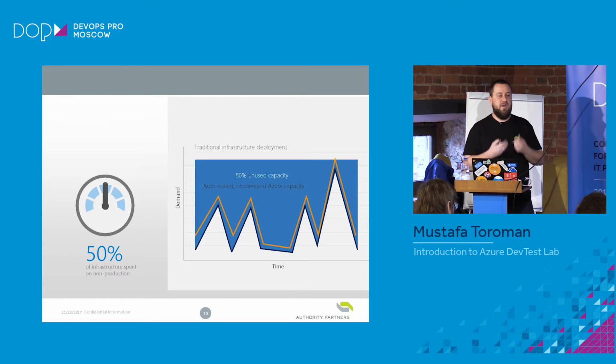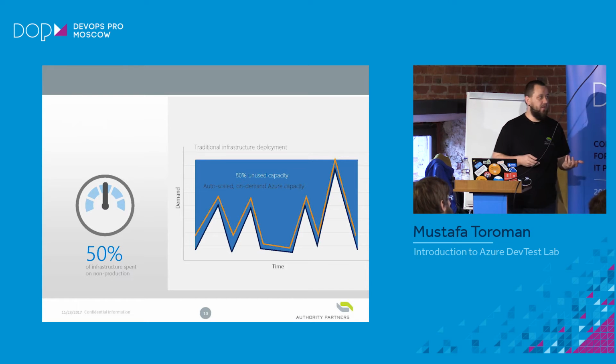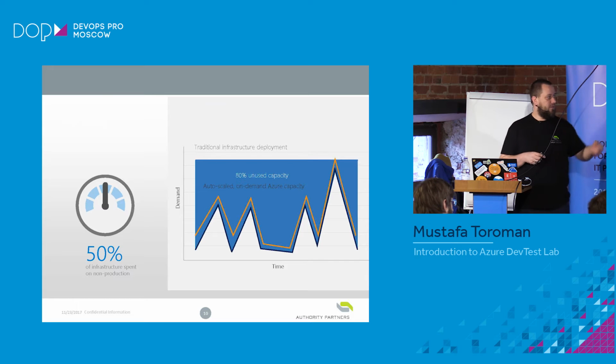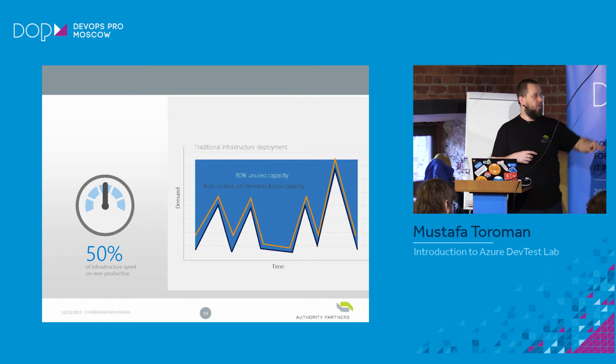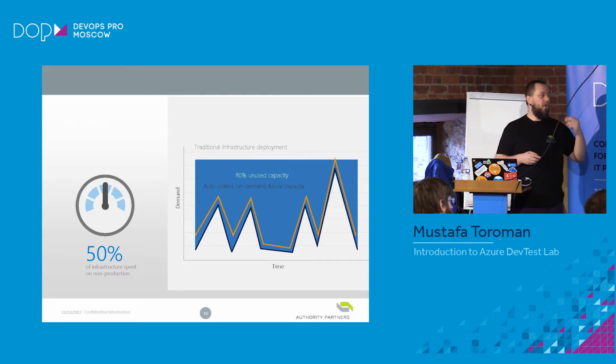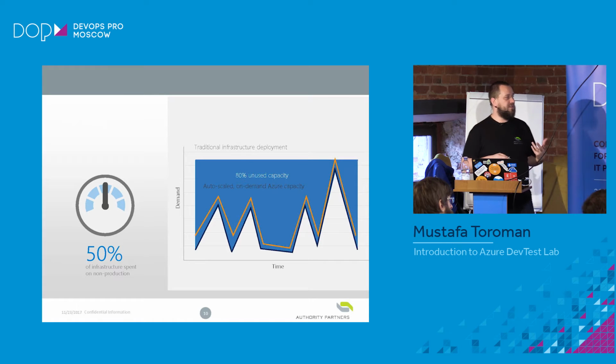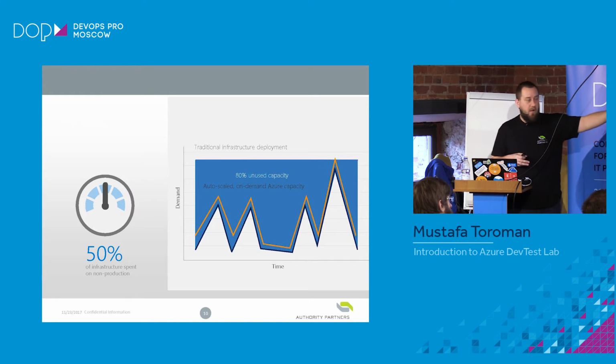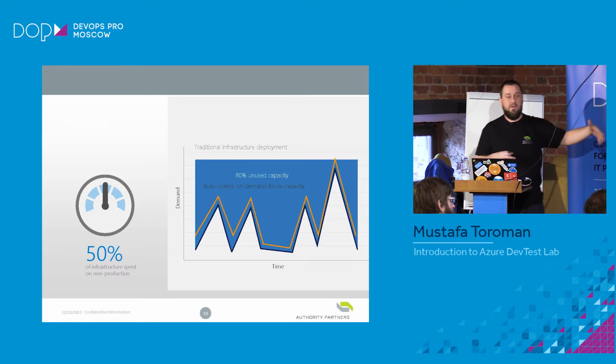So all the resources are not used all the time. In traditional infrastructure deployment, it's a flat line. When we create development environment, testing environment, production environment, those resources all stay the same. And now we have 80% of unused capacity.